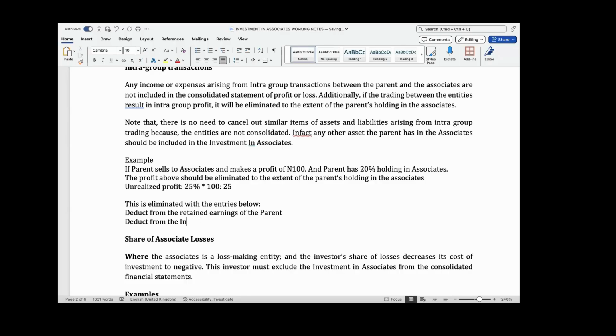So the only item that we can deduct from is our investments in associates, because that one will show in the consolidated account. And that's how this works.